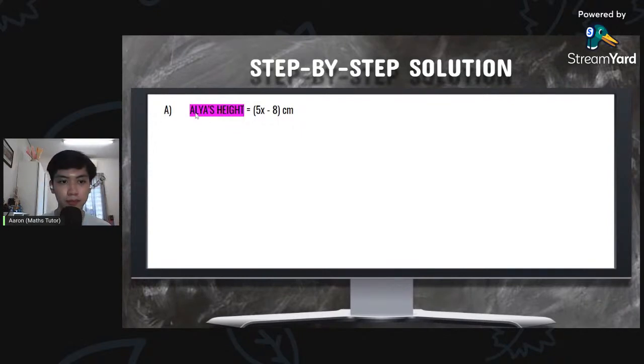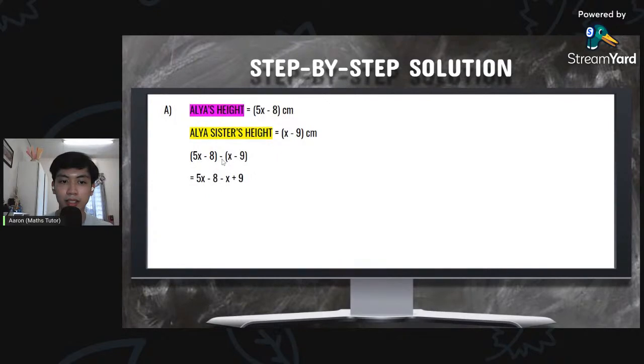Isla's height is 5x minus 8, and we list down her sister's, x minus 9, in cm. Just now we said we use Isla's height minus her sister's height. So that is 5x minus 8 minus, then x minus 9.